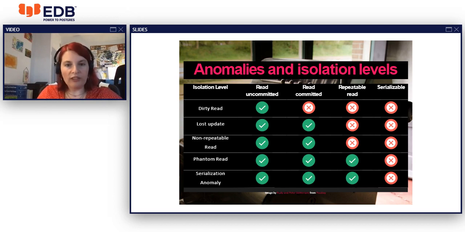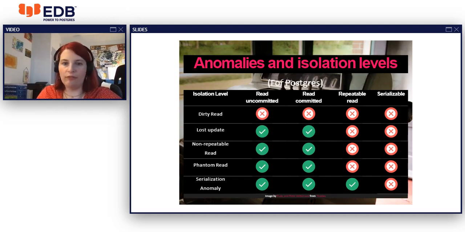If you look at how Postgres is implemented, it changes a little, but the only thing is it's a little better than what the SQL standard allows. So it's not a big deal. So you see here for Postgres, you can't have a dirty read, and the phantom read can't happen during a repeatable read.